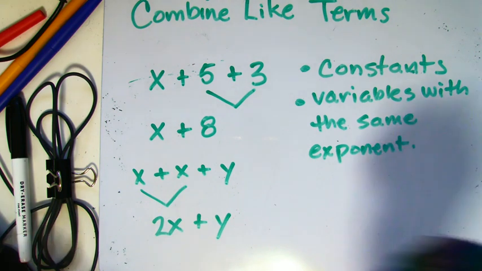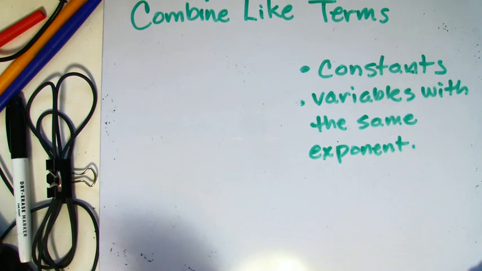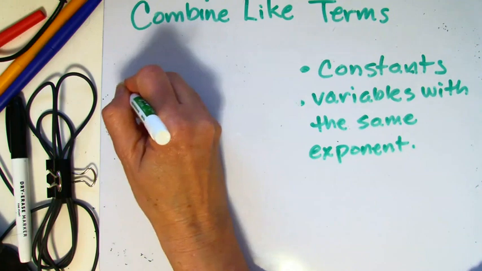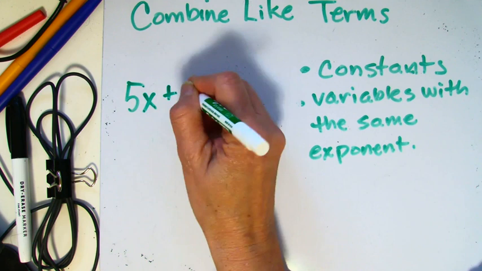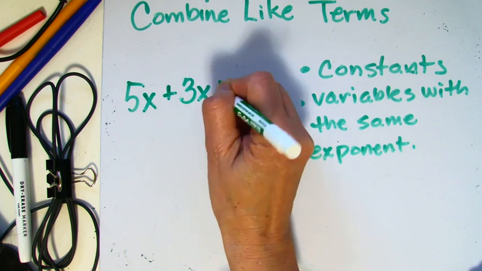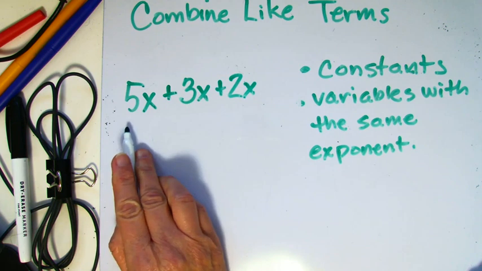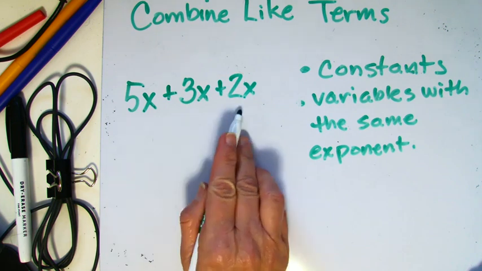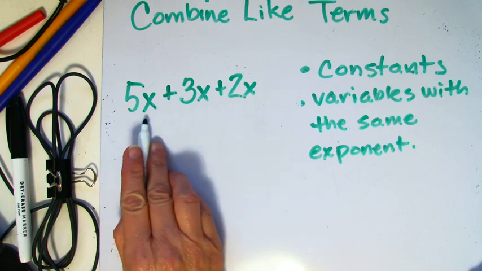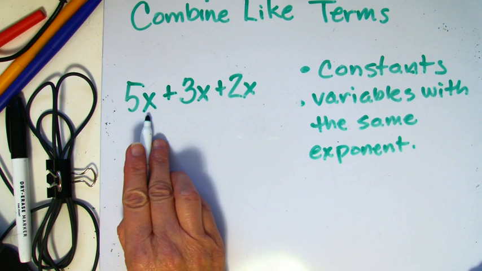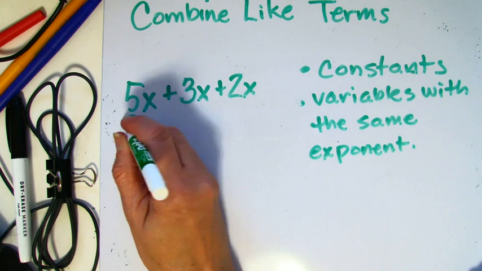Let's look at some other examples. Here we have an expression that has 3 terms, 5x, 3x, and 2x. Because all of these terms have the variable x, all raised to the same power, we can combine the coefficients.